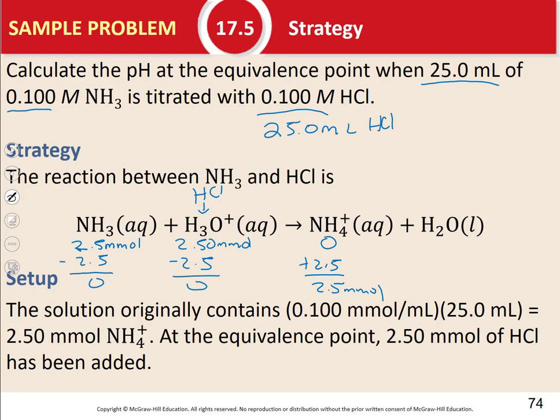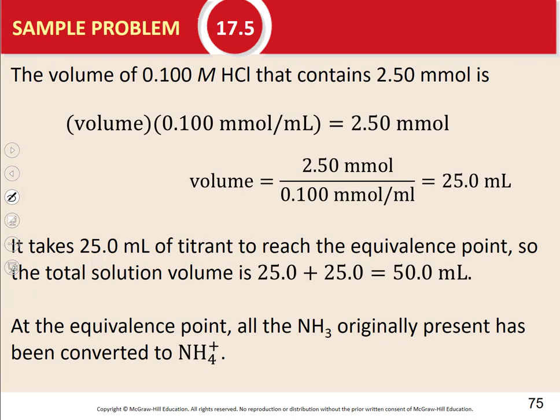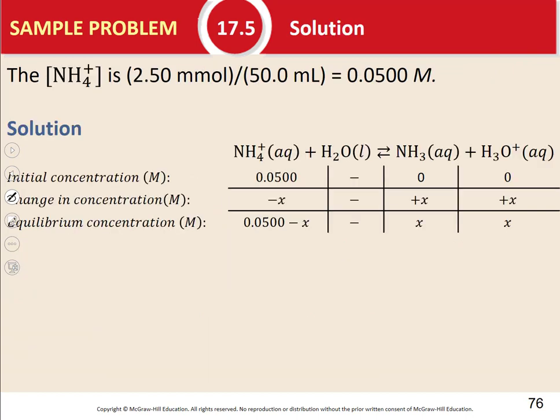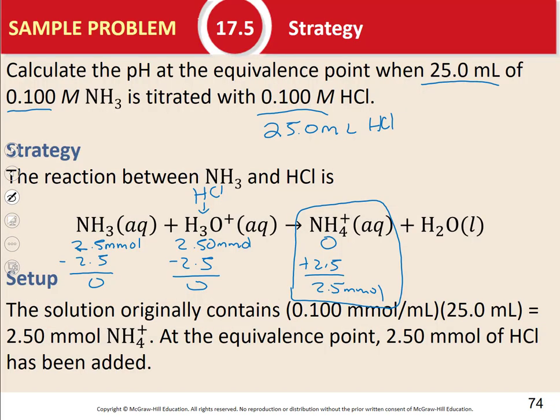So at the equivalence point, what are we left with that could affect the pH? NH4. NH4 can affect the pH because it is a conjugate acid. So basically what we're left with is a salt. So how do we find the pH of a salt solution? Ice table. So we're going to do an ice table with ammonium. We found the concentration of it using millimoles divided by milliliters.